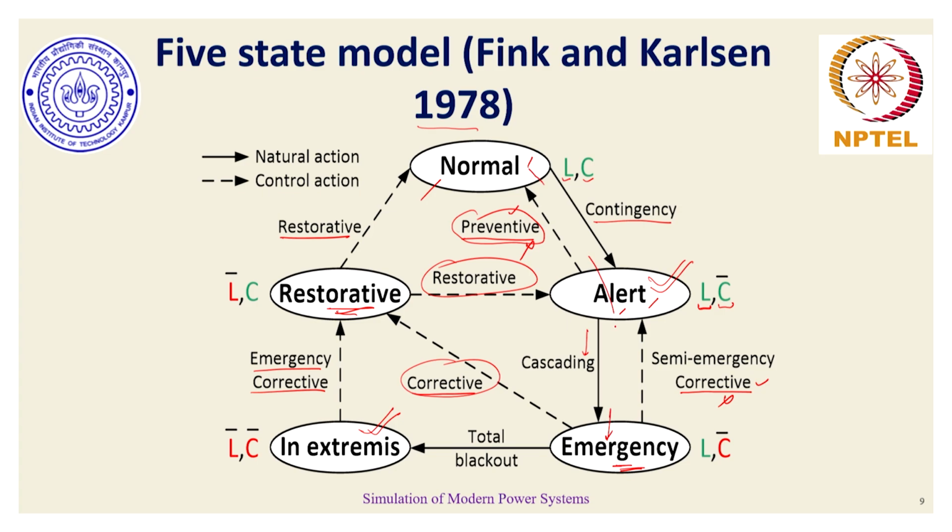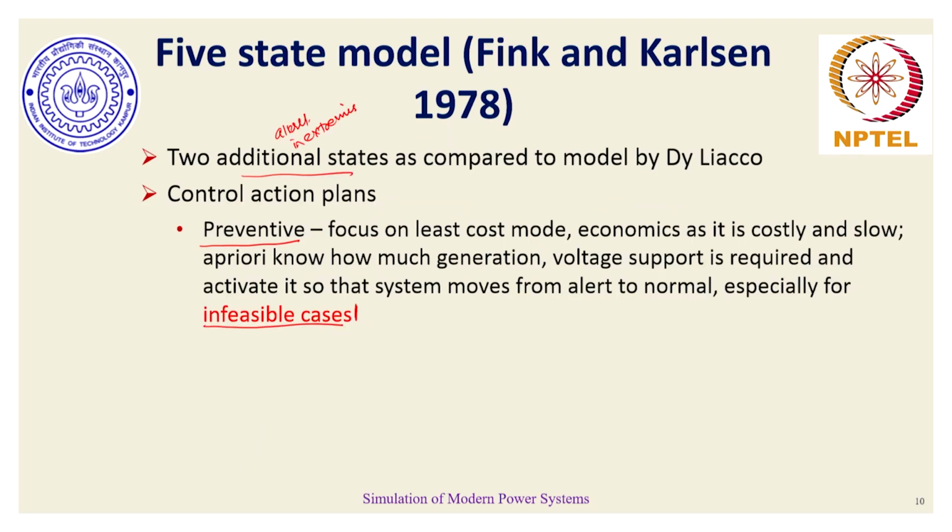It will go through the alert mode, but the alert mode is not so evident because it's a very critical, detrimental contingency. Once the system has gone from normal mode to emergency mode, there are two possibilities: either bring in corrective action or emergency corrective action, which is essentially a costlier plan.